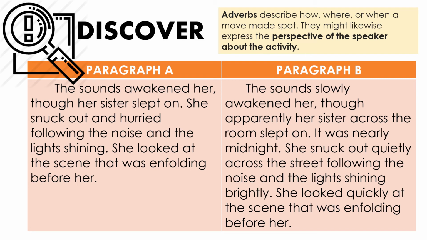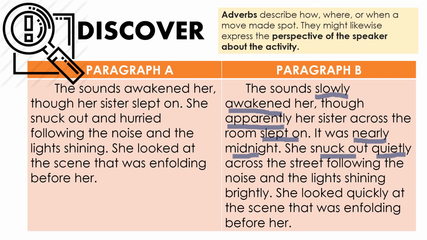Now, let's take a look at the adverbs added in paragraph B. So we have the first one, which is slowly, that describes the verb awakened. And then we also have apparently, that describes how her sister slept on across the room. And then we also have the adverb nearly, that describes the extent of the midnight. And then we have quietly, that describes how she snuck out across the street following the noise.